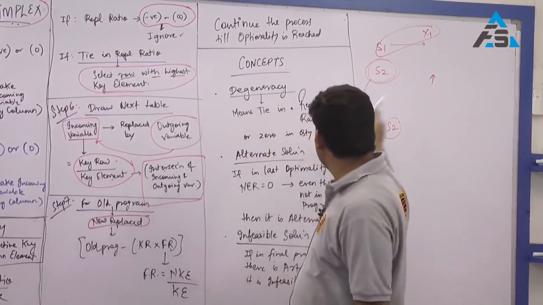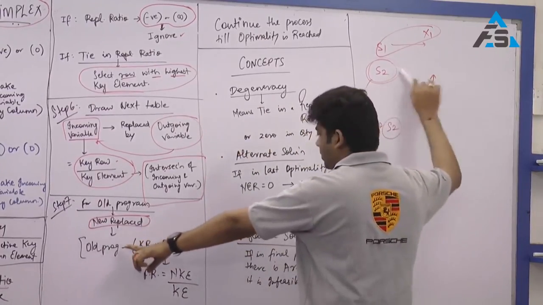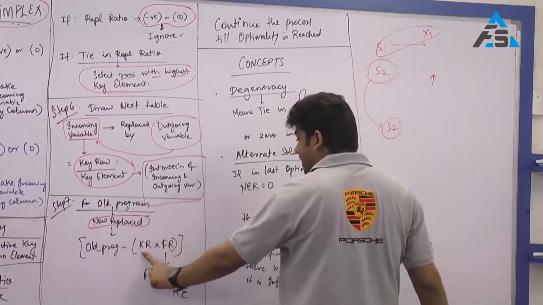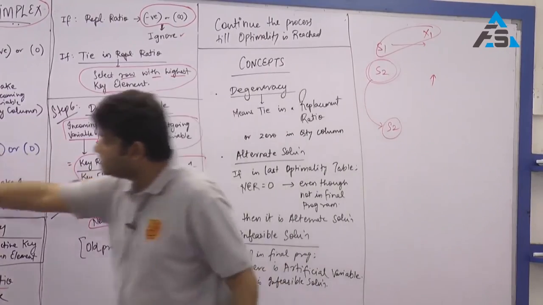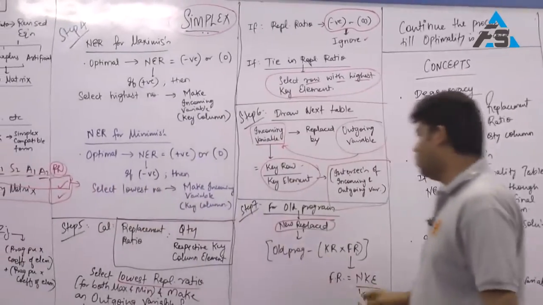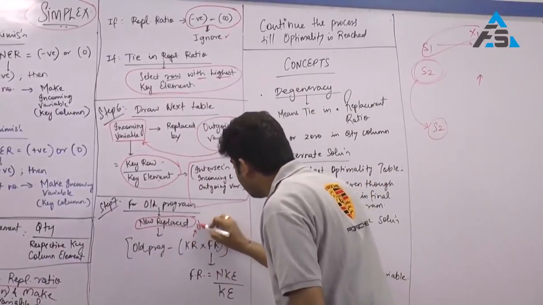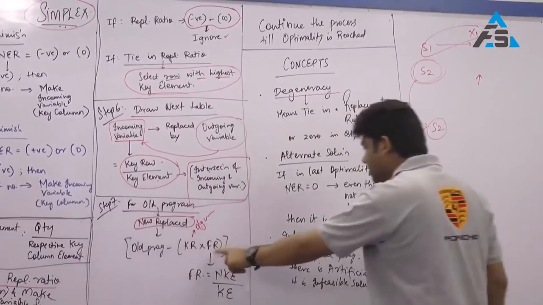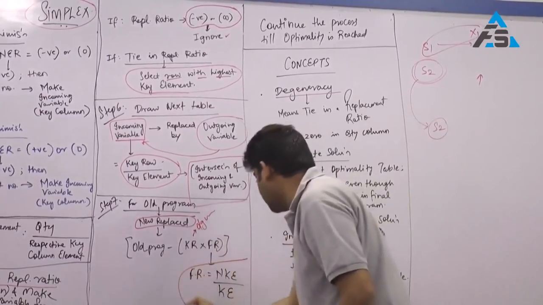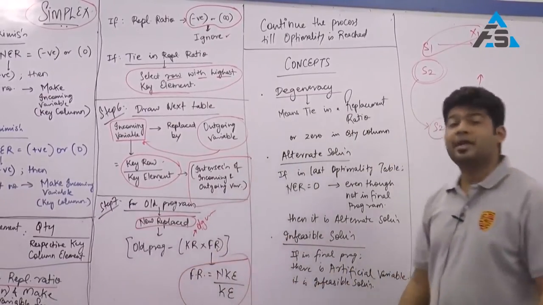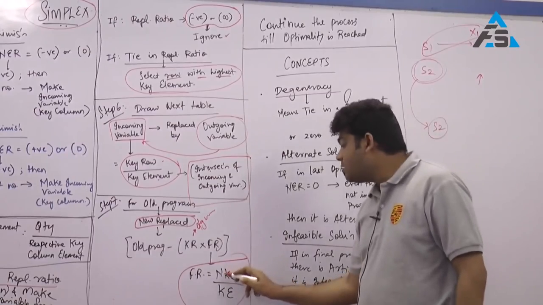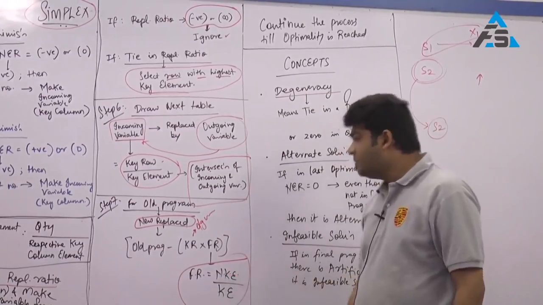What will be those new numbers? Old program. So already the old program is there, that minus key row. Key row is this old one, or you can say the outgoing variable. Key row is basically your outgoing variables into FR. FR is nothing but non-key element upon key element. What is your non-key element?